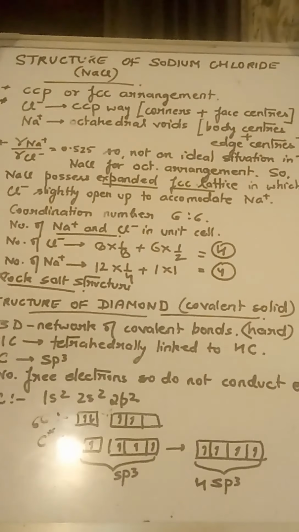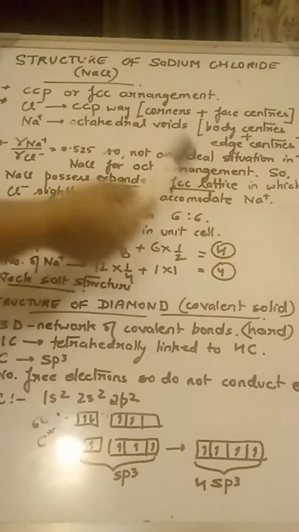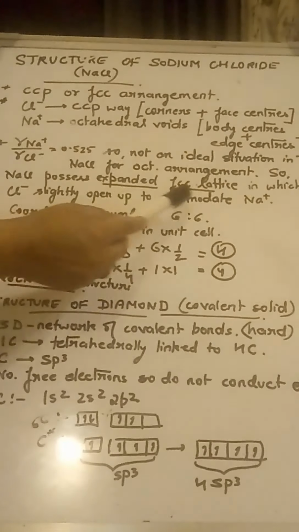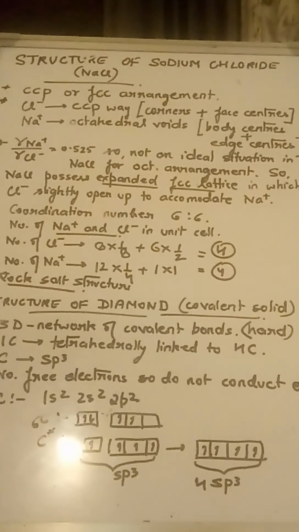So to adjust sodium ions in octahedral voids, NaCl possesses an expanded FCC lattice, in which the chloride ions slightly open up to accommodate sodium ions, right? What do you understand from here? The radius ratio is 0.525, while if the cation has to go in an octahedral void, its radius ratio should be 0.414.